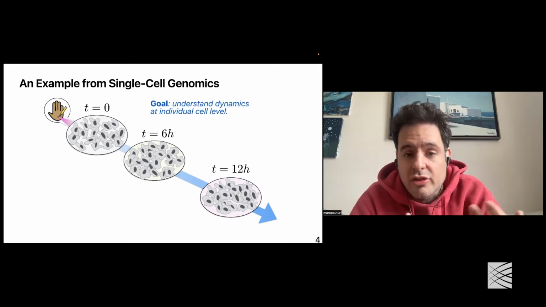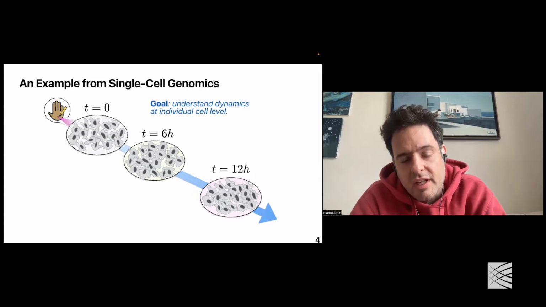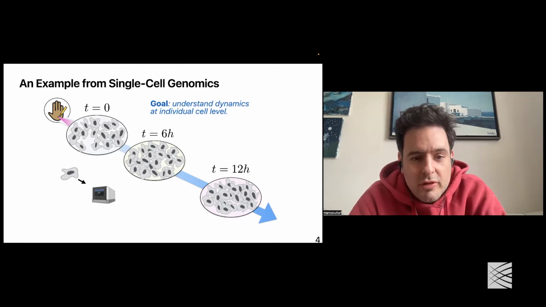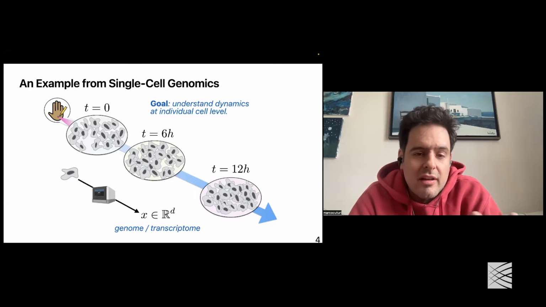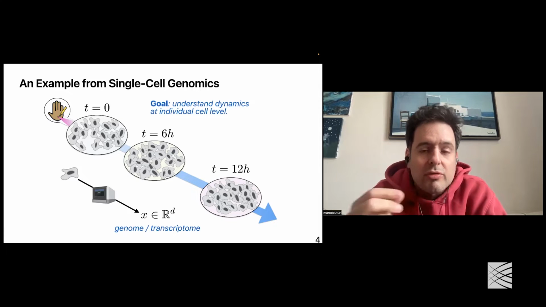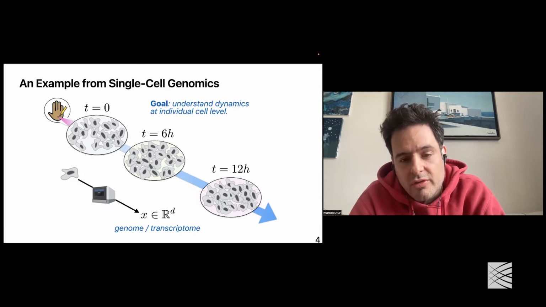Maybe this is under some form of treatment, or just simply by looking at what happens with those cells. And of course, an extremely powerful tool to do that is given to us by single-cell genomics, which allows us to look at, for each cell, for instance, its transcriptome. And this would ideally allow us to reconstruct those individual trajectories.